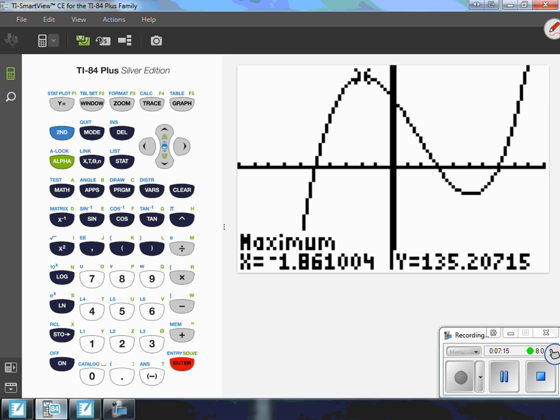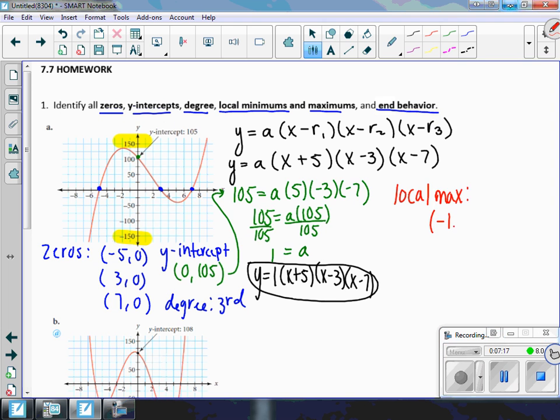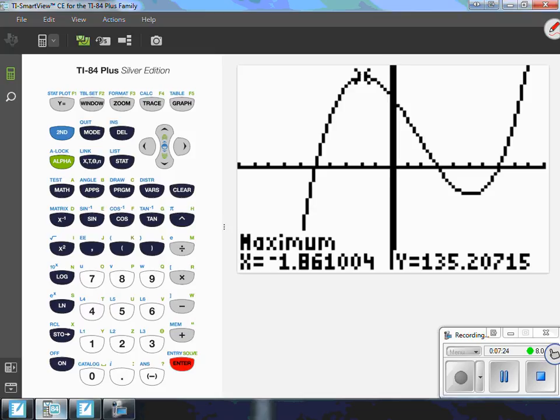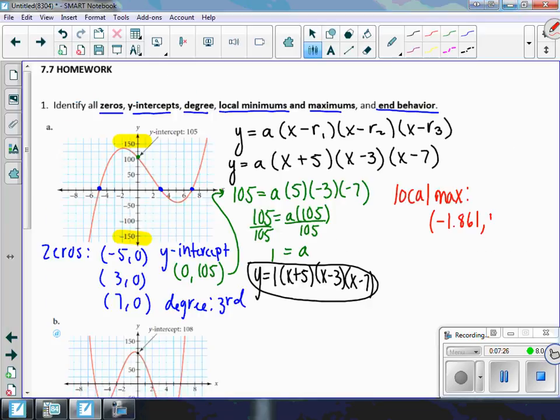I, of course, already forgot. Negative 1.861. $135.207.